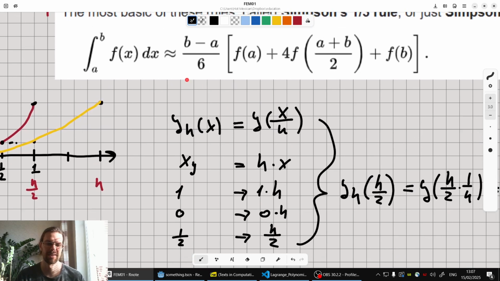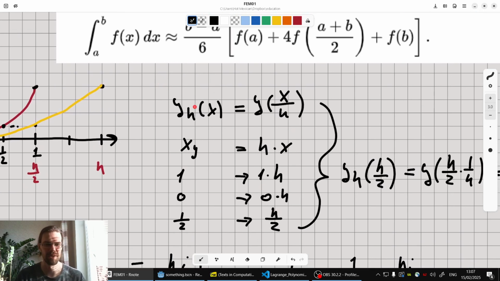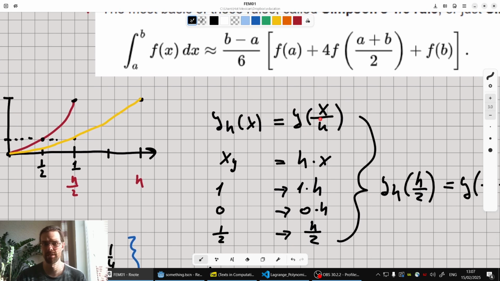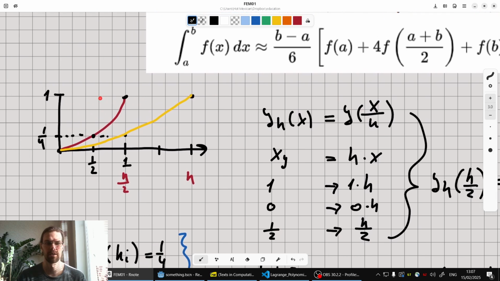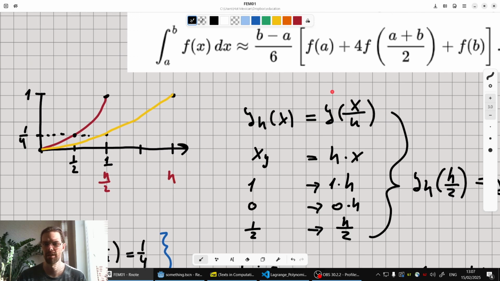So maybe I'll also try to express it mathematically. Let's do it briefly, but okay, we have a scaled version by h of our function. It is divided because in order to reach 1 here, we actually have to reach x equal to h.